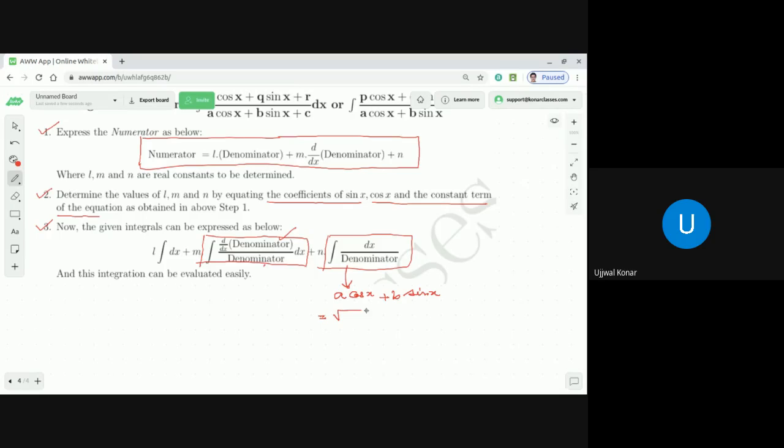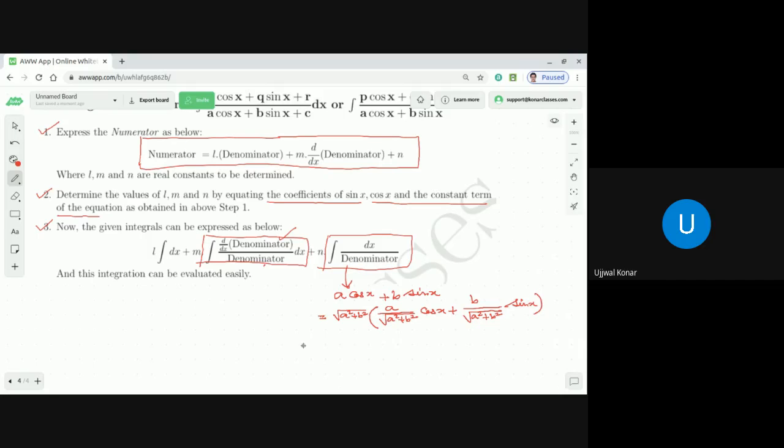Then what do we get? a by square root of a square plus b square into cos x plus b by square root of a square plus b square into sin x. Correct or not?